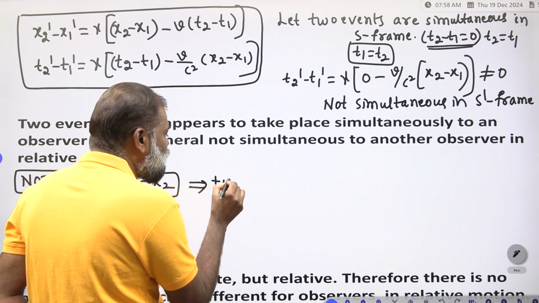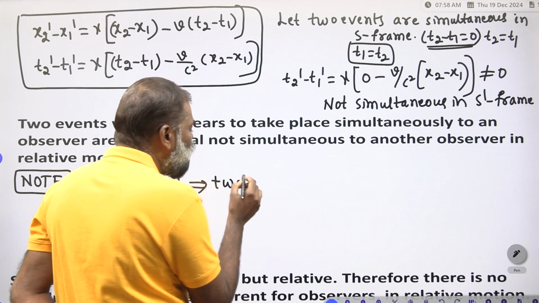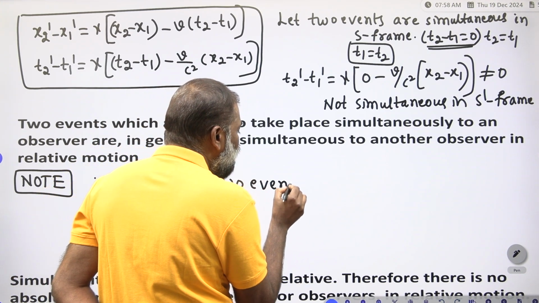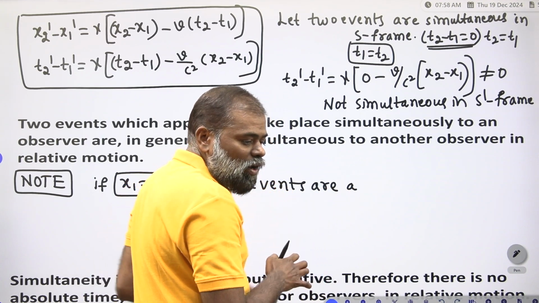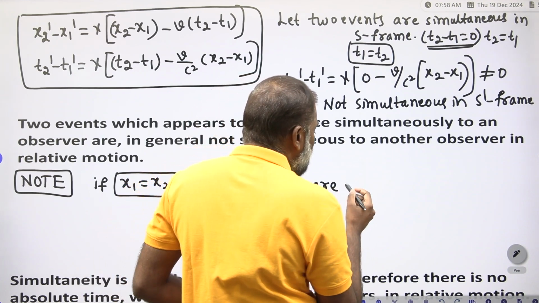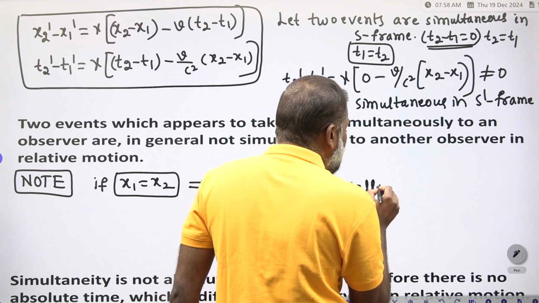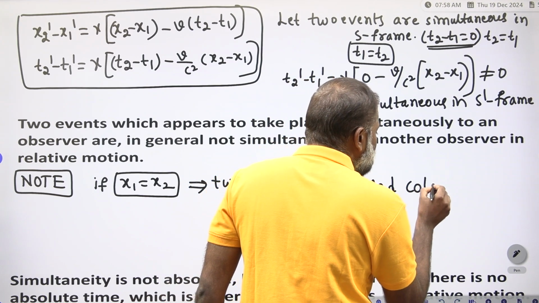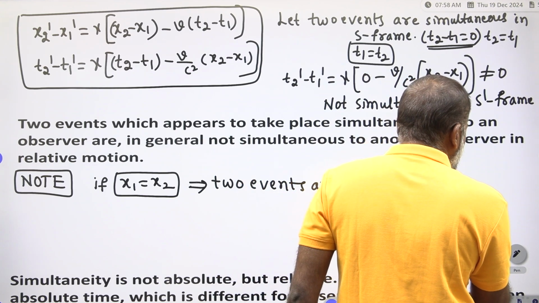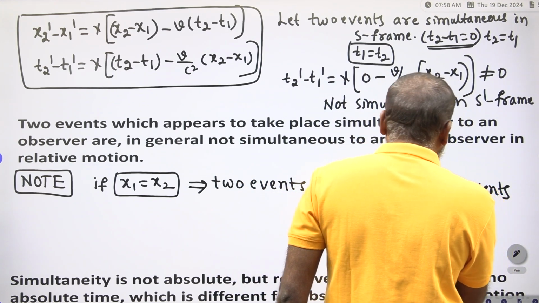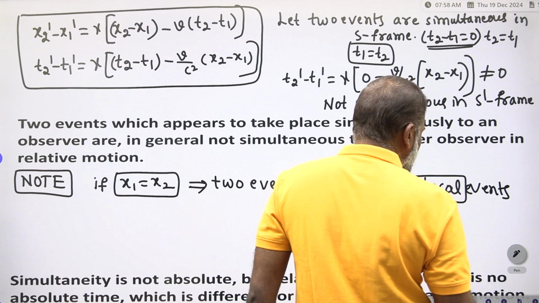Therefore, if x1 is equal to x2, the two events are called co-local events.